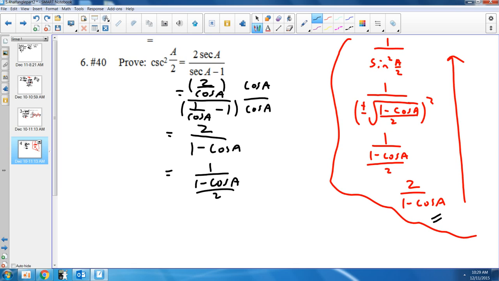Then I could say that's the same thing as 1 over sine of A over 2 squared, which is the same thing as cosecant squared A over 2.